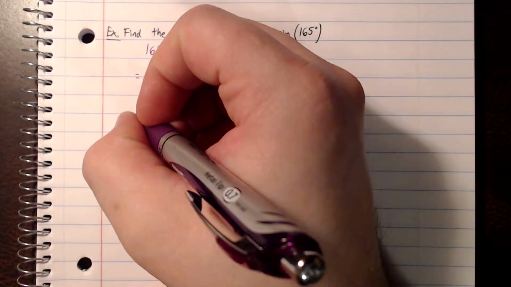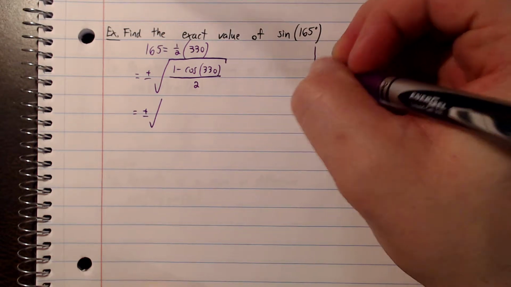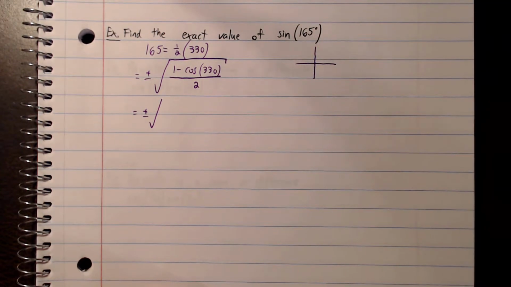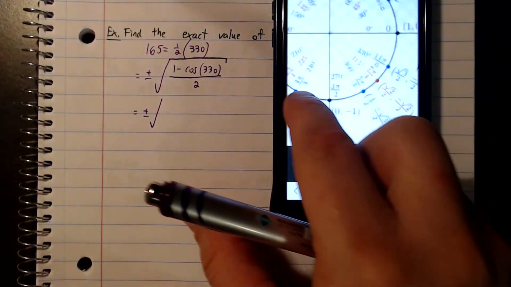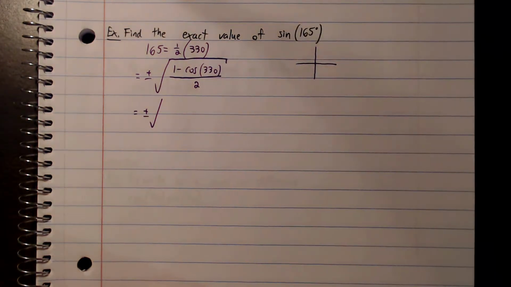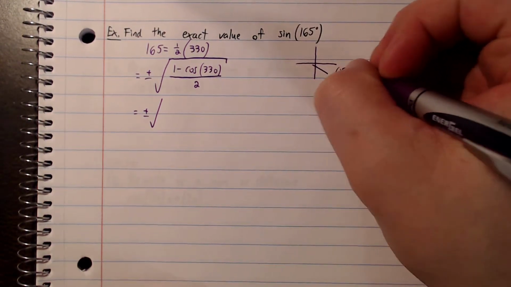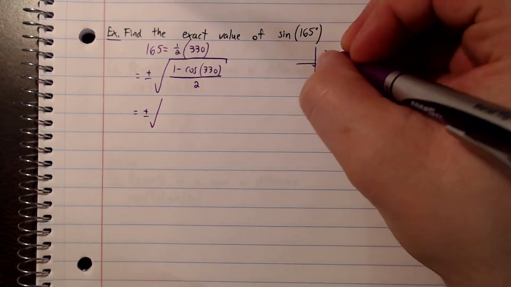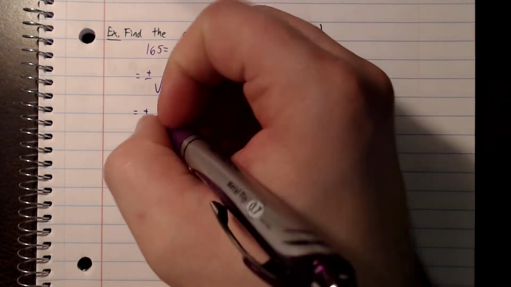Okay? Now we're going to do a little bit of simplifying, right? If we look at the unit circle, 330 degrees over here, we got root 3 over 2 and negative 1/2. That's for 330. Cosine is x, so we've got root 3 over 2.